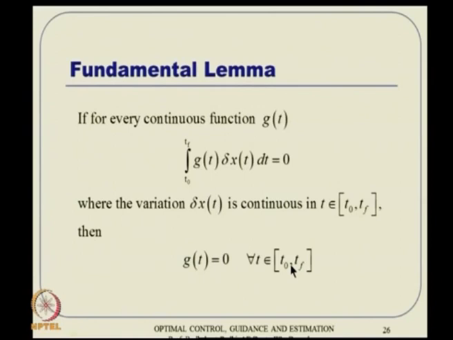Then there was a fundamental lemma, based on which we derived a lot of necessary conditions. It says that if, for every continuous function g of t, this integral is valid, where the variation is continuous in the time interval t0 to tf, then g of t has to be identically 0 throughout the interval, and we actually gave a small proof for that as well.